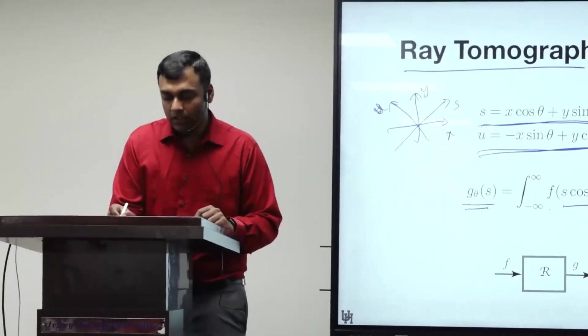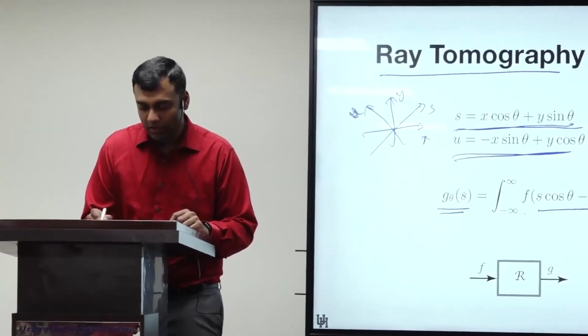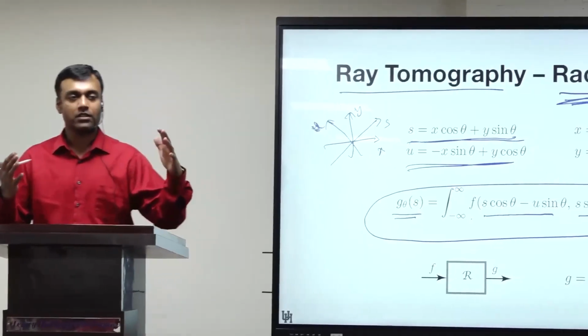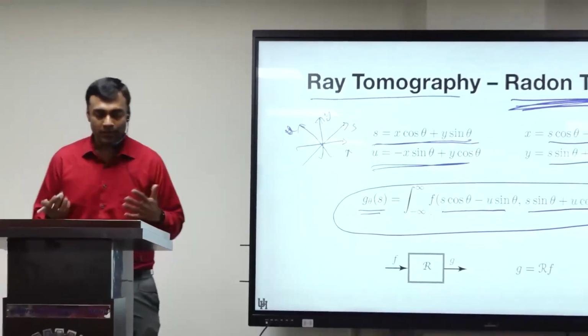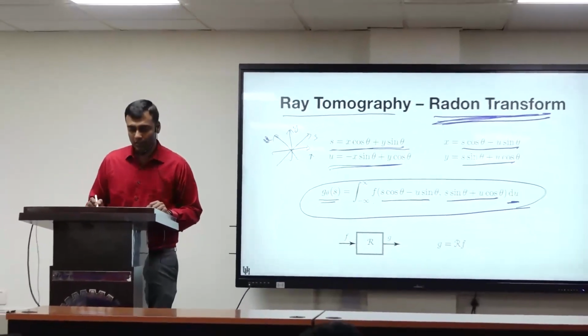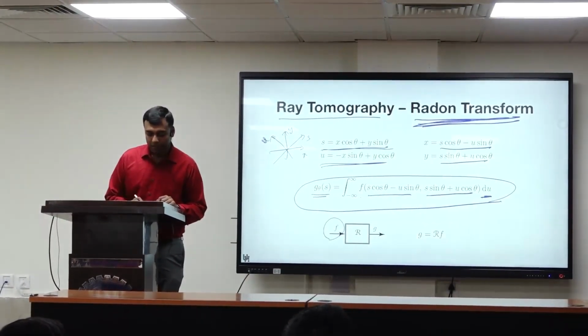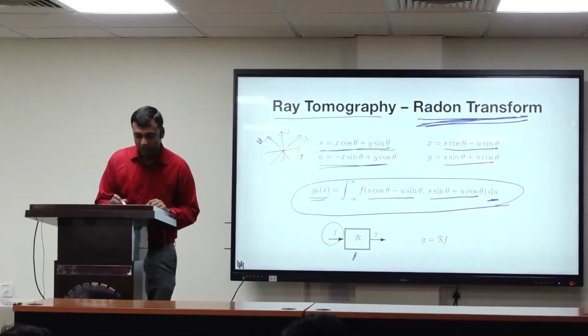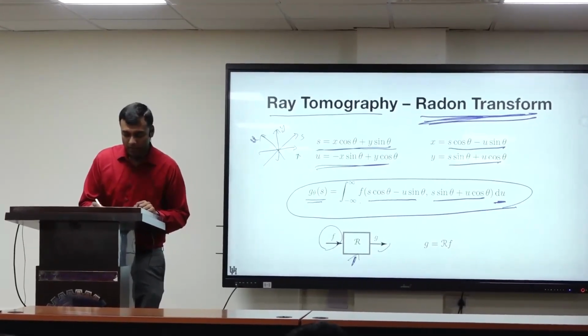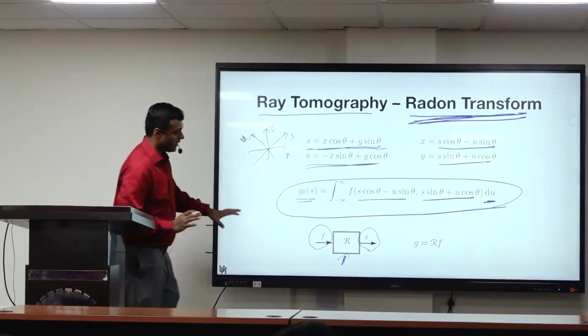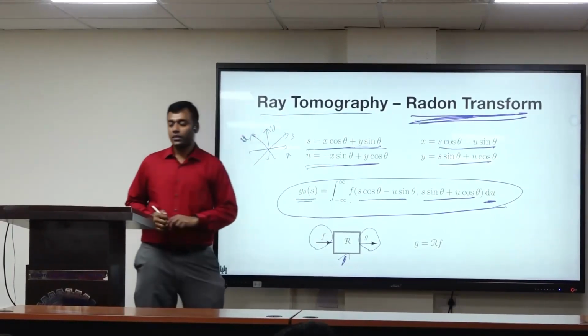So going from these two dimensions, rotating the axis of coordinates and doing this projection is now called the radon transform. In short, you have the sample, it goes through the radon transform, and you get your data. That's the simple way to read this.